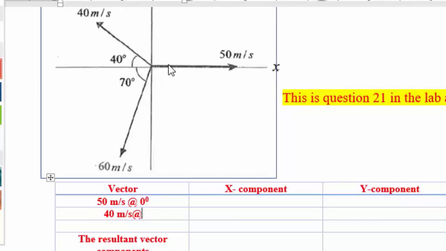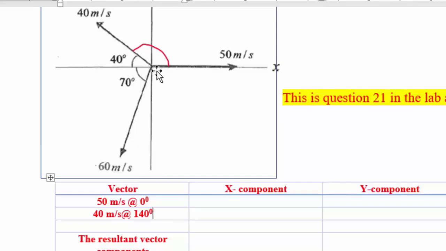We know from here all the way to the negative x is 180, so this angle will be 180 minus 40, which will give us 140 degrees. So this will be at an angle of 140 degrees with respect to the positive x-axis.